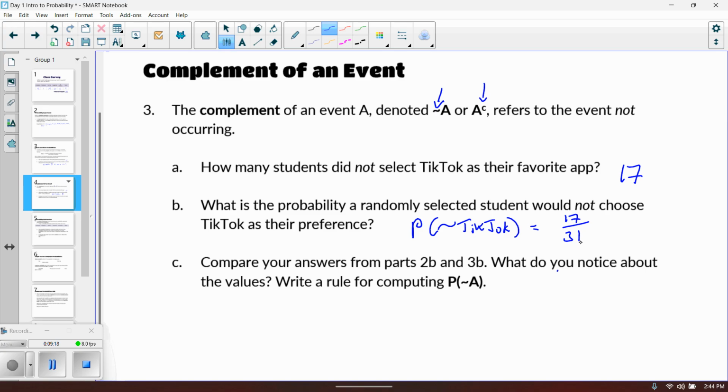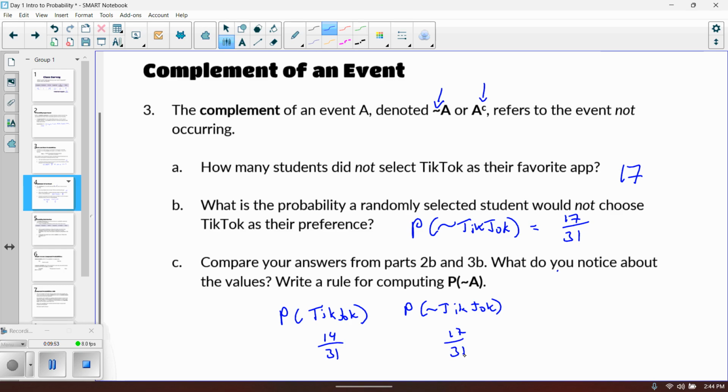The answer from the probability of TikTok was 14 out of 31. The probability of not TikTok was 17 out of 31.